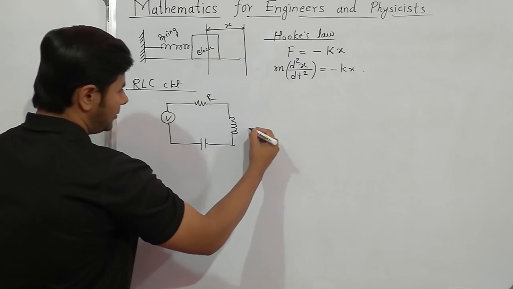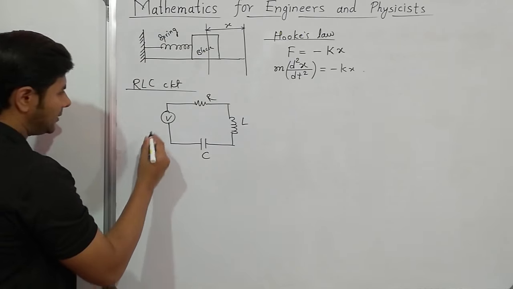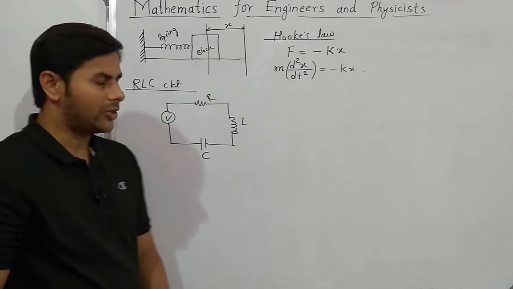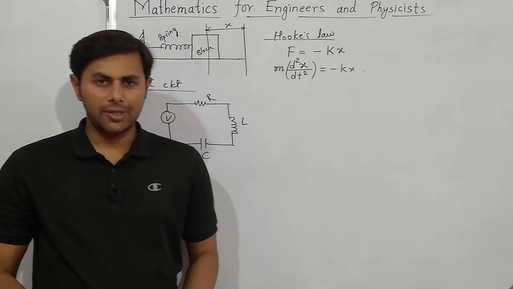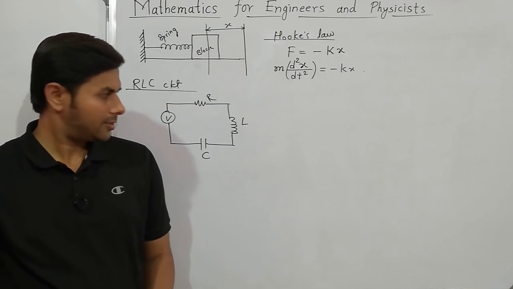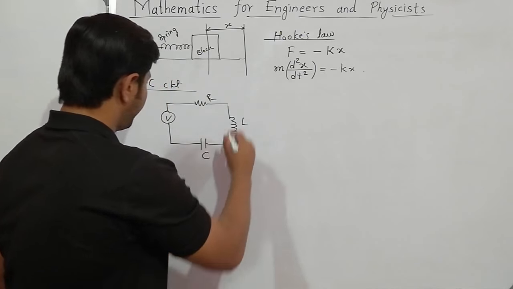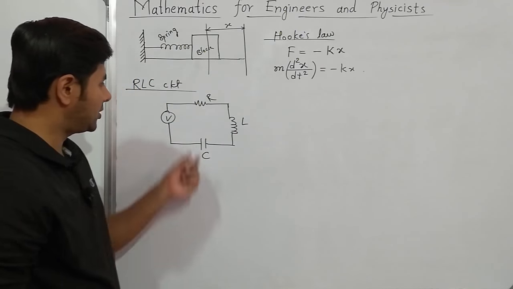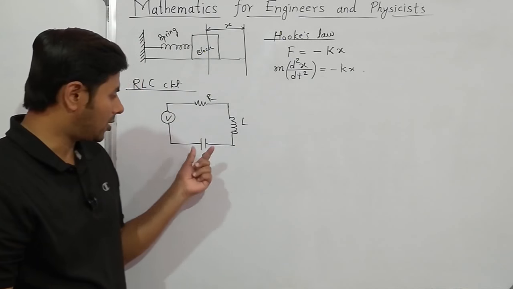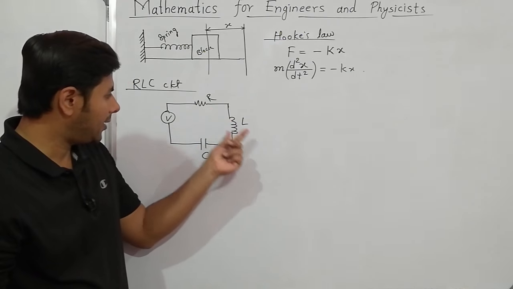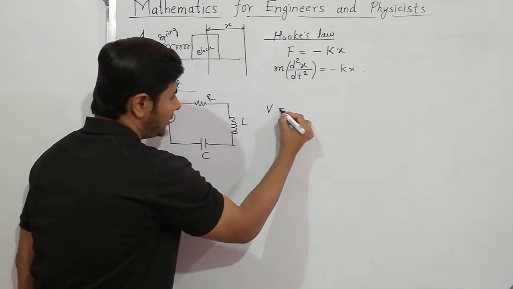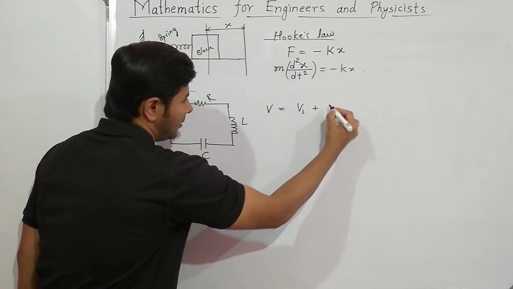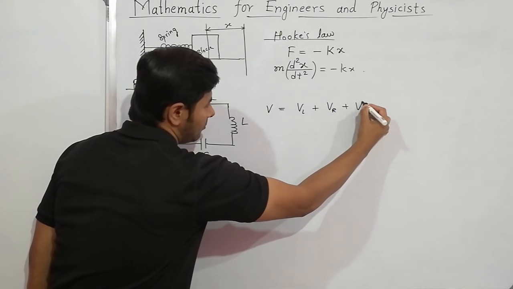This is a resistor, this is an inductor, a capacitor, and we apply some voltage V. Now, using Kirchhoff's law, we can say that the voltage we apply should be equal to the sum of voltage drops across R, L and C. So the applied voltage equals VL plus VR plus VC.